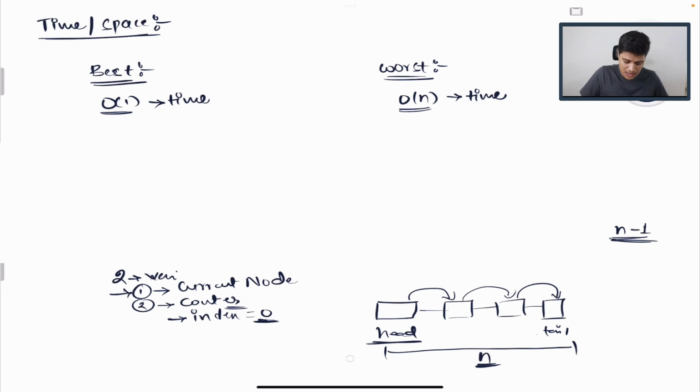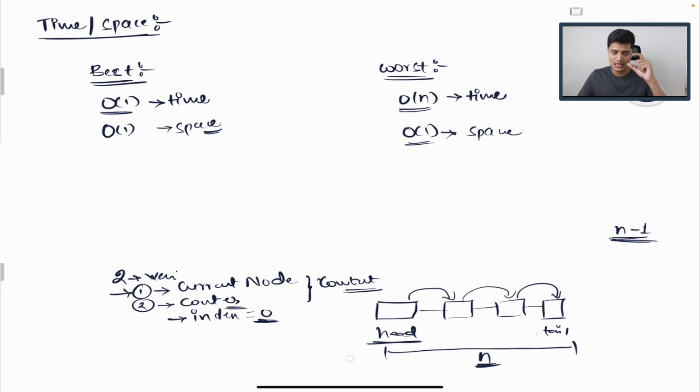And we know these two variables will take a constant amount of memory. So obviously, even in the best case or worst case, the same variables will be reused. As a result, be it best case or worst case, the space complexity will be order of 1 only. Why? Because we are simply using the same current node and counter variables for keeping track of the next node that we are processing and the index that we are currently processing.